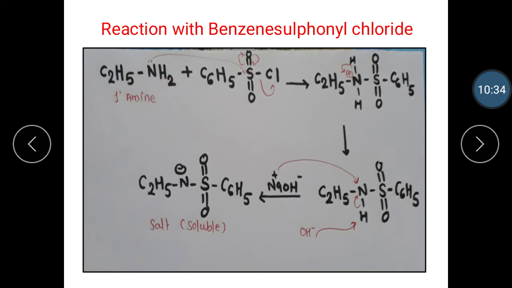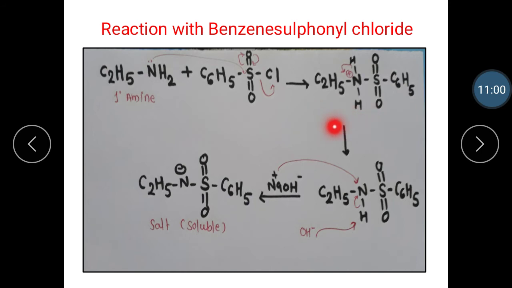On nitrogen there is a lone pair of electrons, so it donates the lone pair to the sulfur. At that time the bond between the sulfur and oxygen will break. Then oxygen makes back bonding. Chlorine is a good leaving group and it leaves. Means there is a bond formation between this nitrogen and this sulfur, and on nitrogen there is a plus charge.